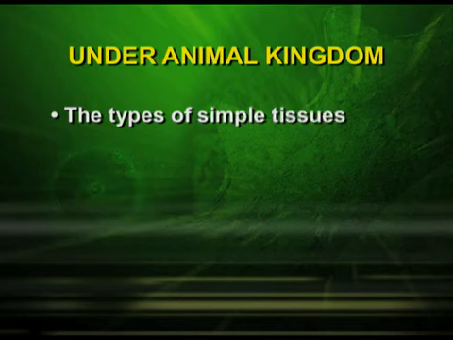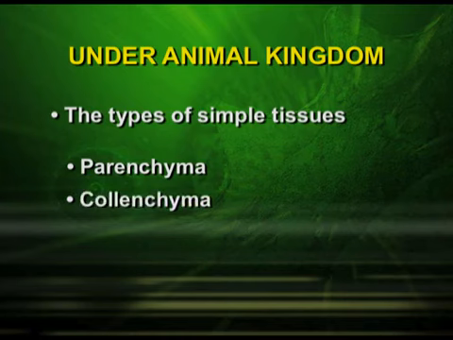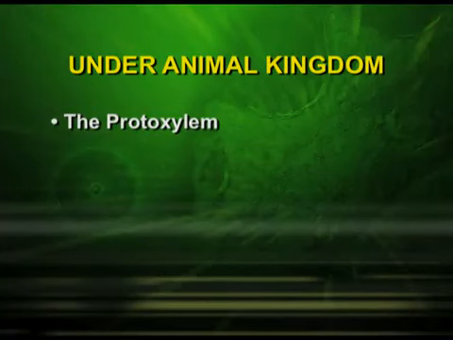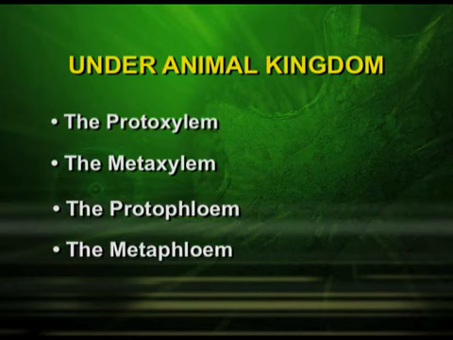The simple tissues are made up of parenchyma, collenchyma and sclerenchyma, and the complex tissues are made up of xylem and phloem. We also studied the protoxylem, the metaxylem, the protophloem and the metaphloem in this chapter.